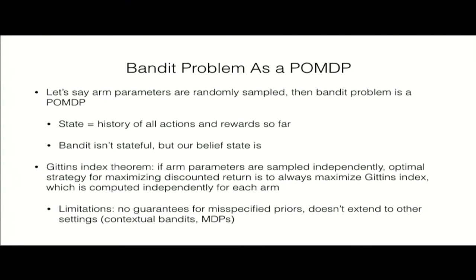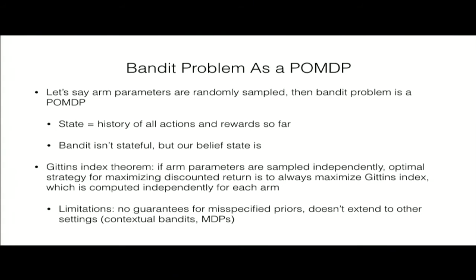Let's say it's a finite horizon problem with 10 steps. We could do dynamic programming backwards in time to figure out the optimal policy at each of these time steps. But we have a state space that's exponentially large in the time horizon because our state consists of our whole history. So this is impractical, even in this finite bandit case.